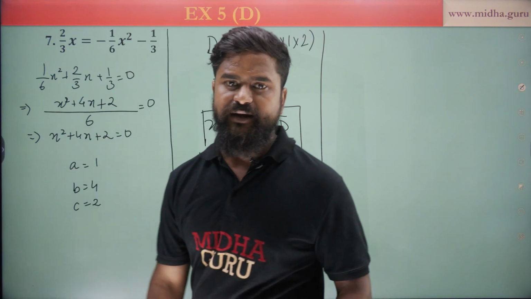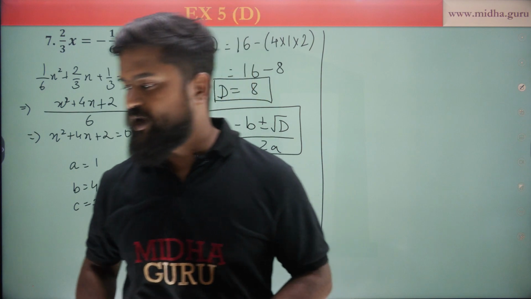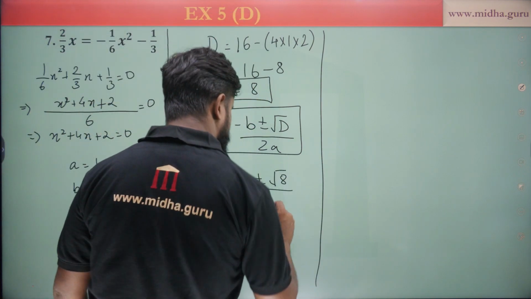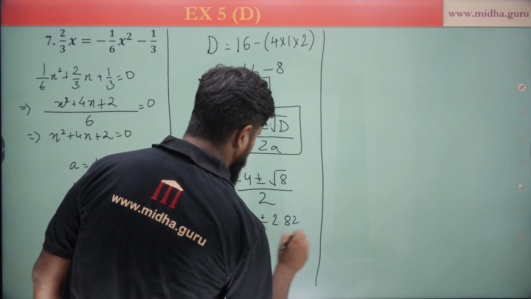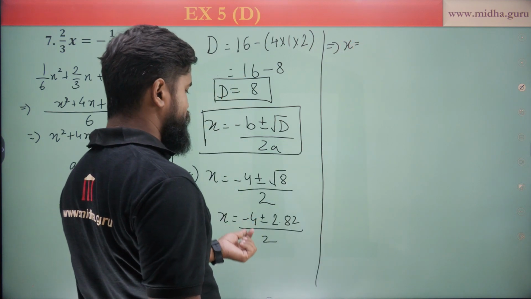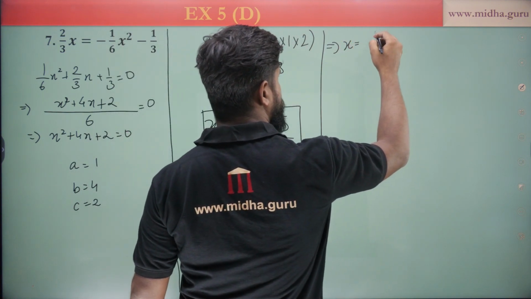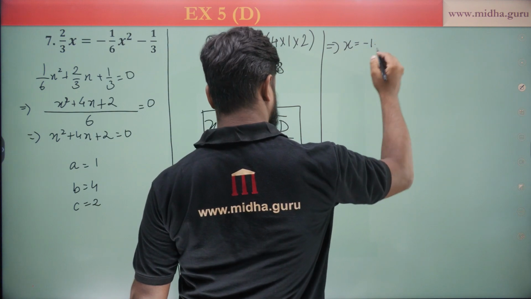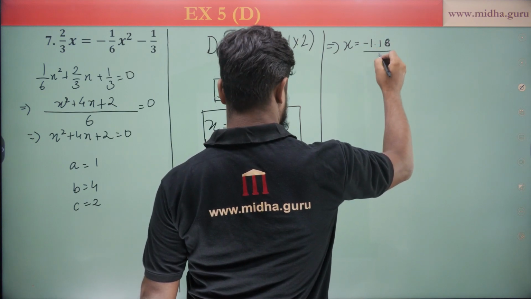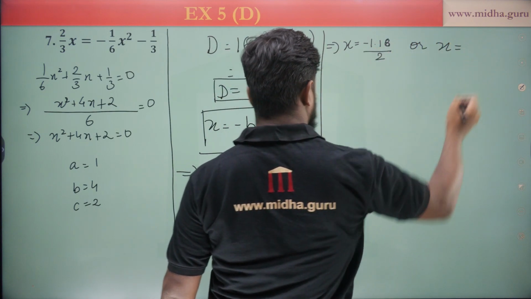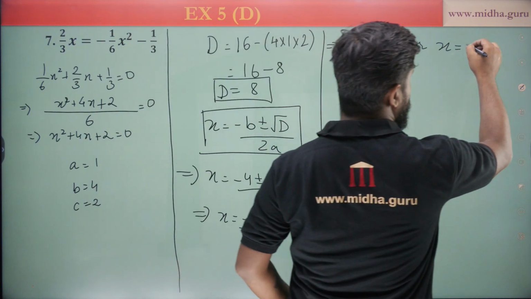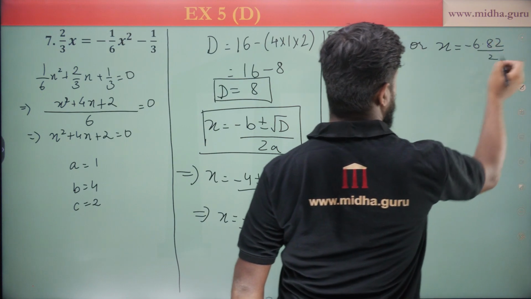Now again 8 is not a perfect square. So again I go back to my square root tables. I get the square root of 8 is 2.82. Now this divided by 2. So x will either be equal to minus 4 plus 2.82, which will be equal to minus 1.18 by 2, or x is going to be equal to minus 4 minus 2.82, which will be minus 6.82 by 2.